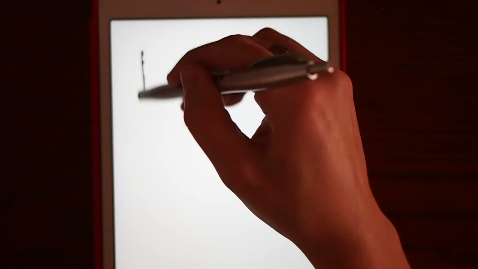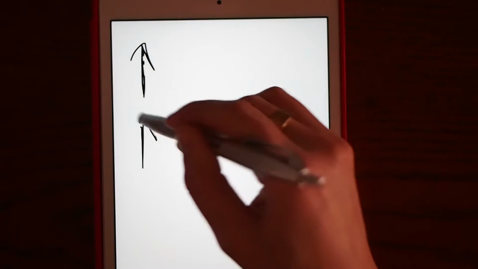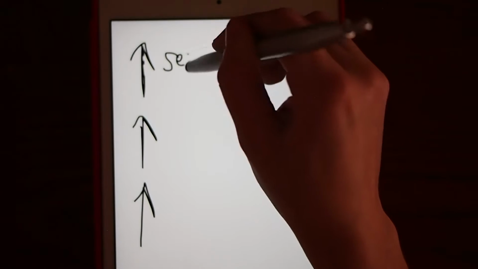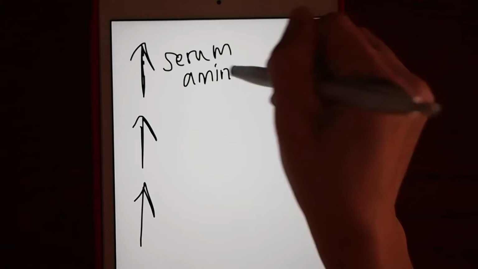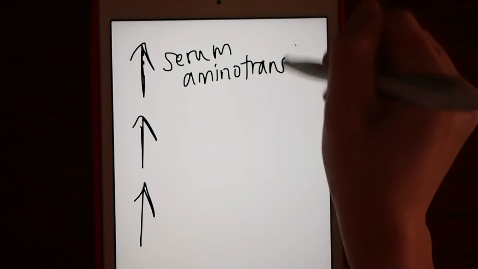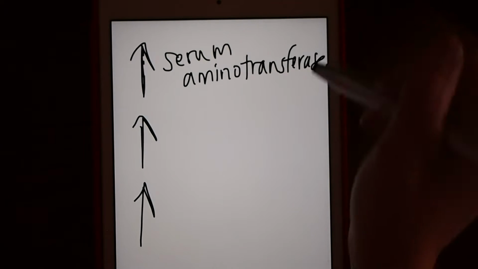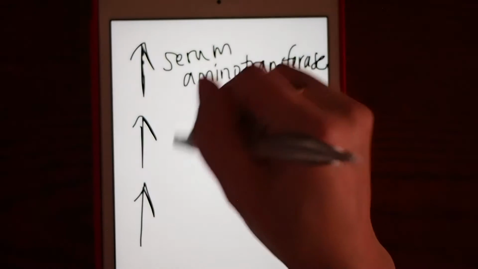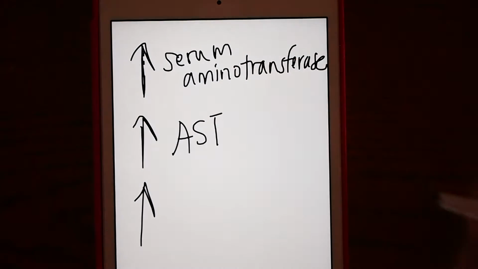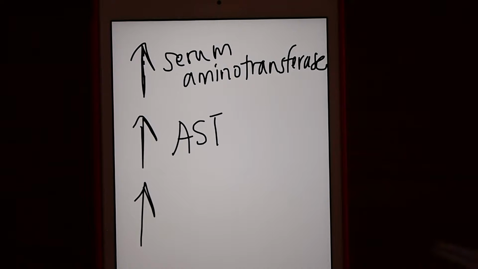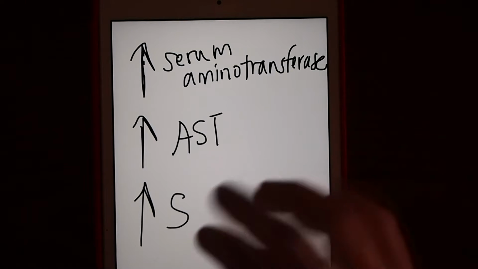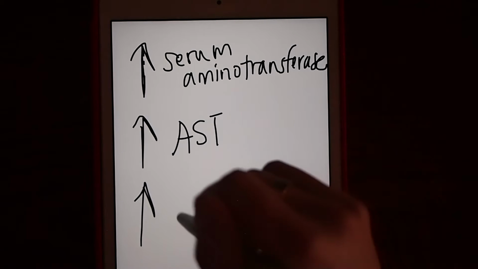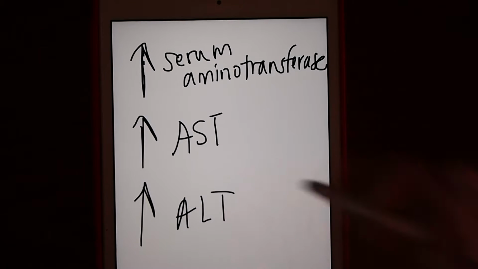So there's an increase of serum aminotransferase, as well as AST, which is sometimes called SGOT, so don't be confused if you see that, and ALT. Okay?